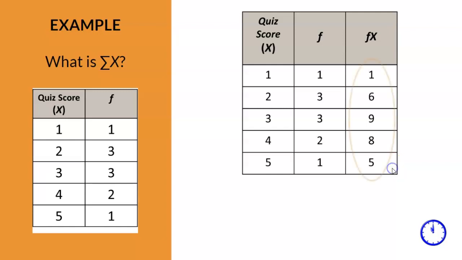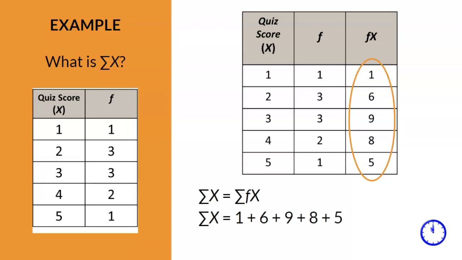It is these fx products here that you will add up in step 3. Using the formula, you will add up 1 plus 6 plus 9 plus 8 plus 5. And the answer is sum of x equals 29. The box indicates the final answer.